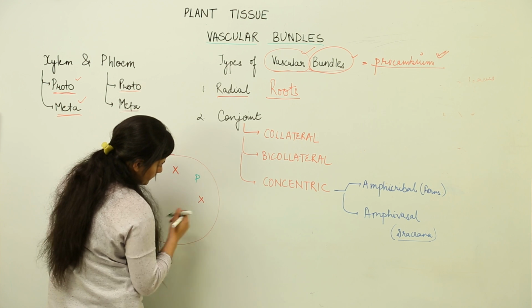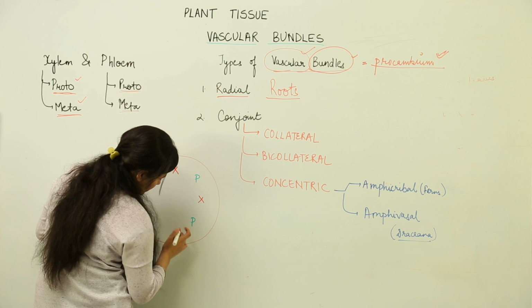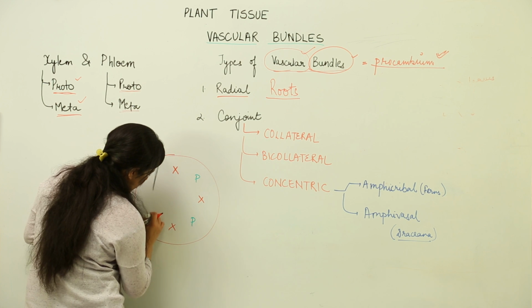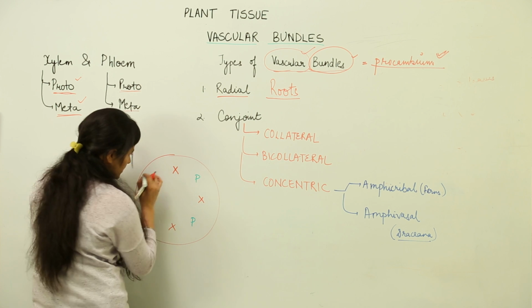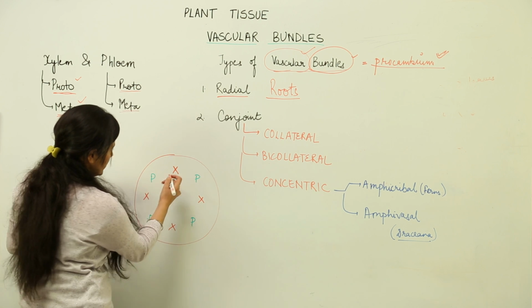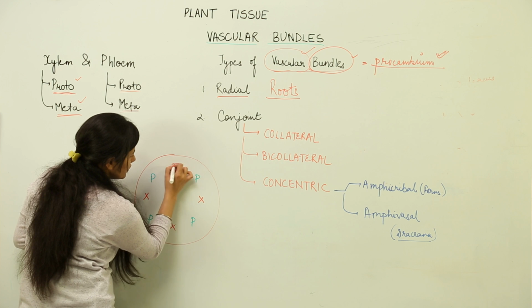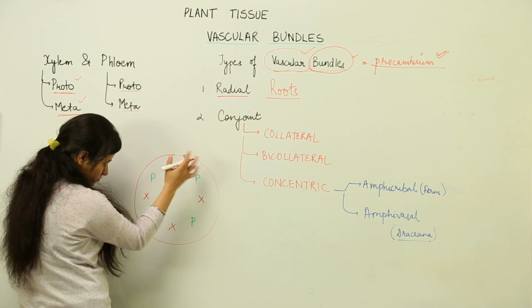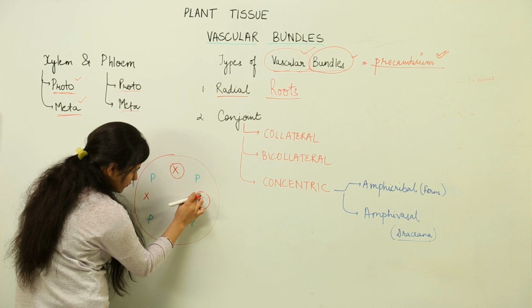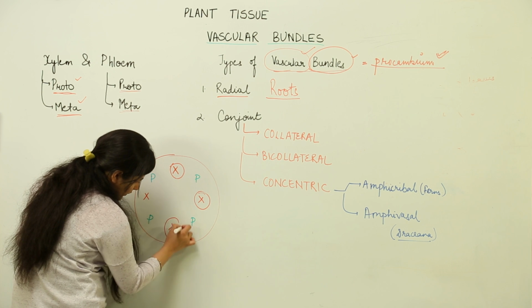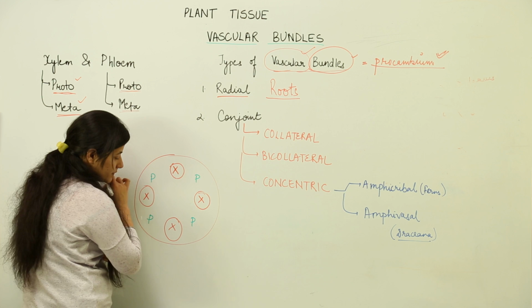Xylem over here, alternatively they would be present on different radii. So in such an arrangement, all the cells at this point would be of xylem, which would be further 4 types, as you know them. You might revise them for remembering purposes. Over here, all the 4 types of cells.